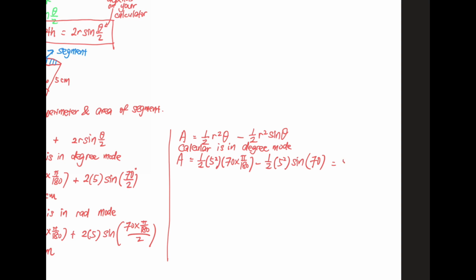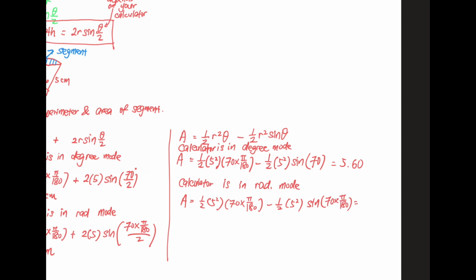So you will get 5.597, which is 5.60. Okay, so if your calculator is in radian mode, then for the area 1 over 2 5 square sine, the theta here must be in radian also, 70 times pi over 180.